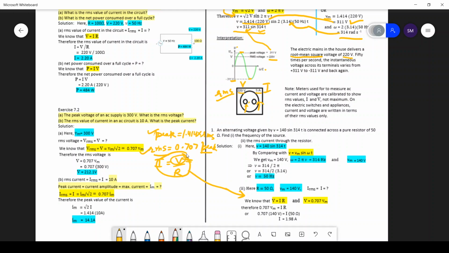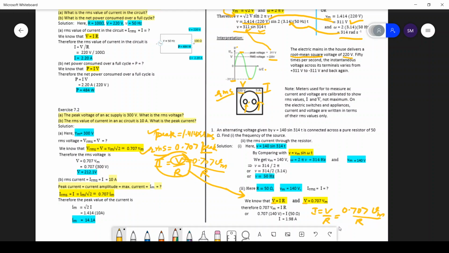So write V RMS equals 0.707 into the peak voltage, and divide by R and you simply get this value. Or you can equate these two equations: V equals IR, and V also equals this, so IR equals 0.707 Vm, and I equals this divided by R. So I equals V by R, and V equals 0.707 into peak voltage.